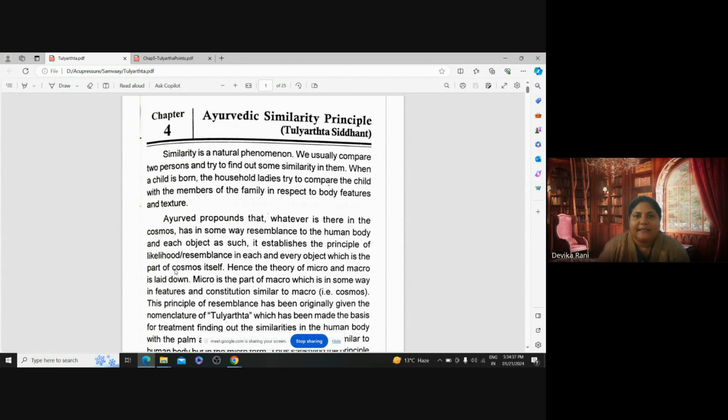So, right now we start with the Ayurvedic similarity principle. If you see all around us, we normally compare things, and we see a lot of similarity in whatever is around us. That becomes the basis of us identifying and utilizing certain principles of treatment.